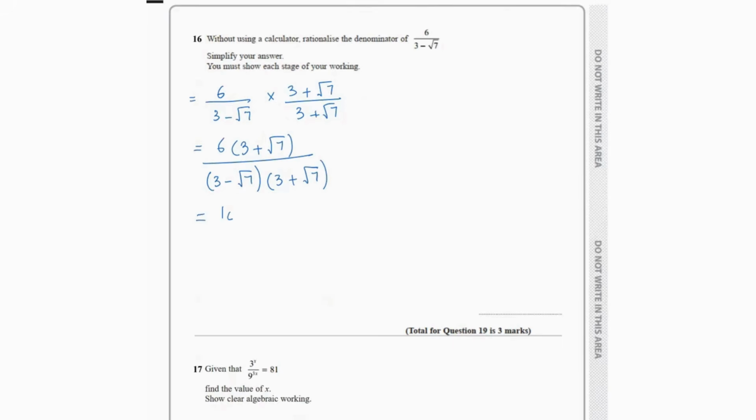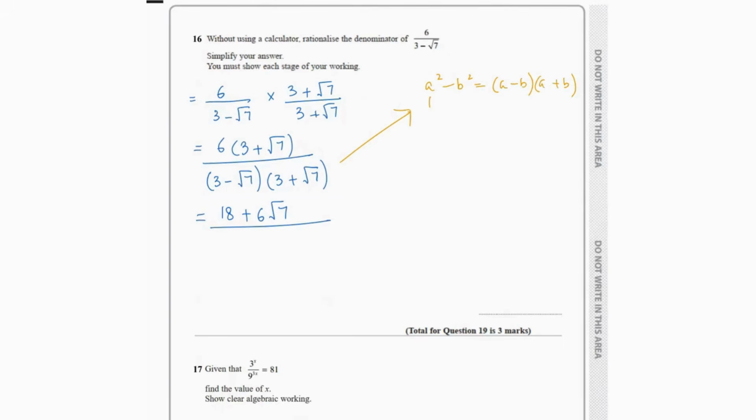Expand the brackets. 18 plus 6 root 7. In the denominator, what you can do is you can either directly expand the bracket or you can use difference of perfect squares. Difference of perfect squares is that a square minus b square is equal to a minus b times a plus b.